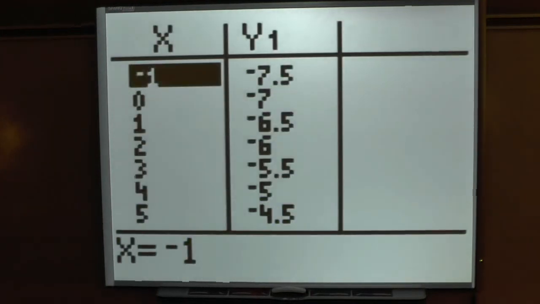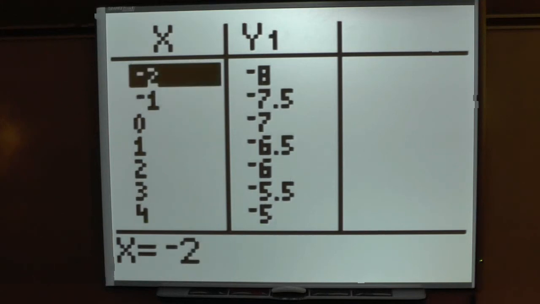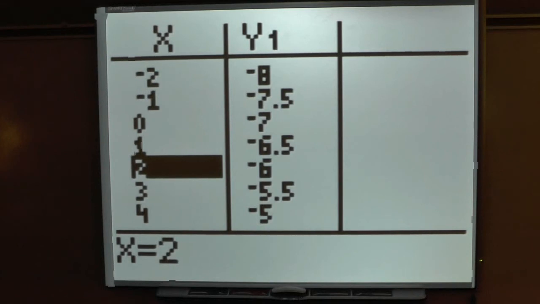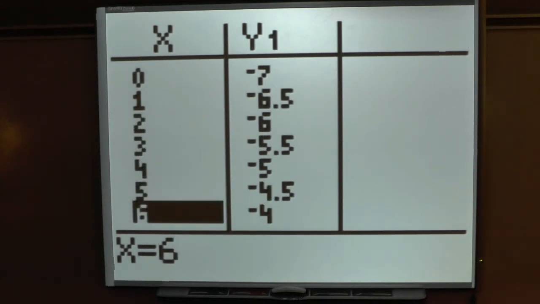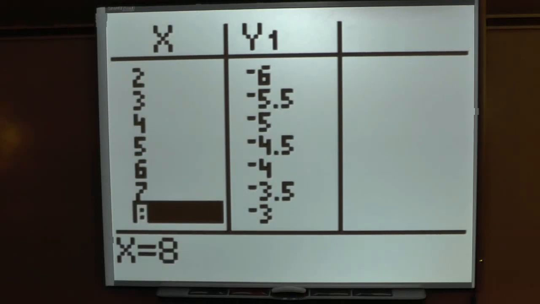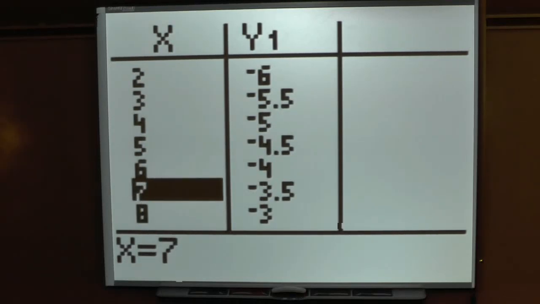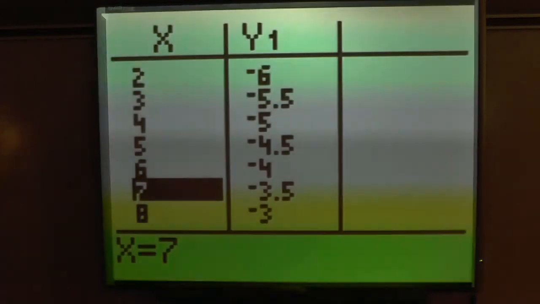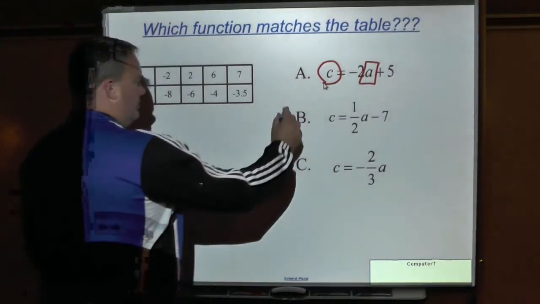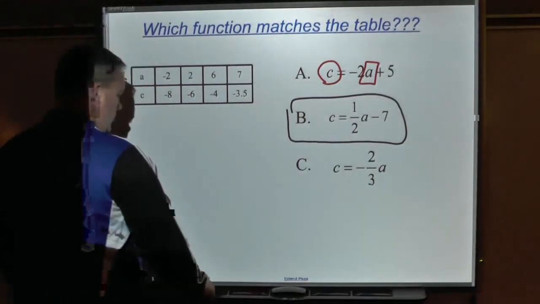Press second, and then you'll press the table and you'll look. And for our values, -2, -8, 2, -6, 6, -4, and then 7, -3.5. There you go. So, as you look at this, B works for this one. You can try the other ones and you'll see they won't work out.